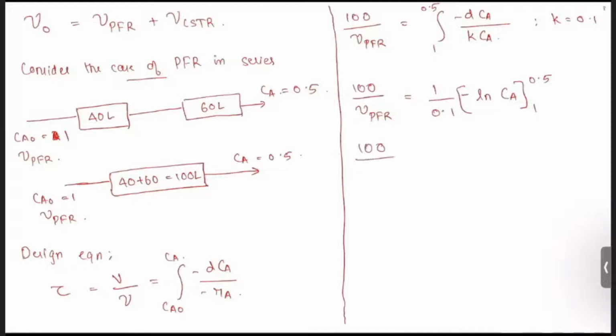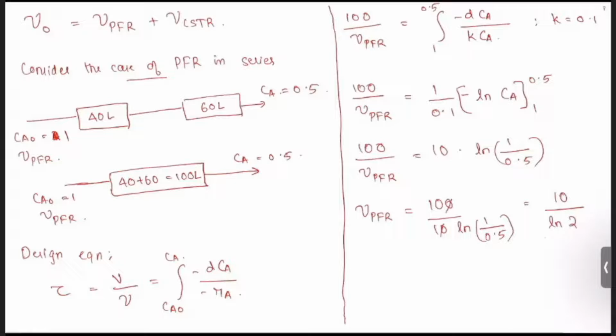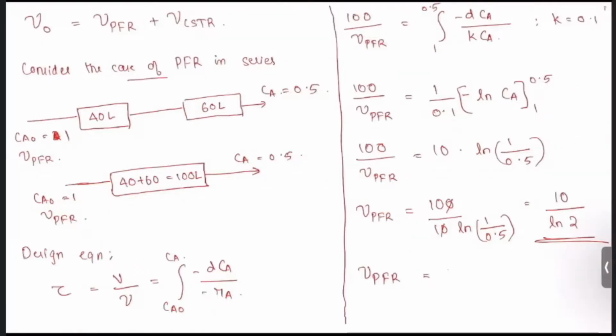So 100 by nu PFR will be 1 by 0.1, that is 10, into ln of 1 by 0.5. So nu PFR will be 100 by 10 into ln of 1 by 0.5. If we cancel the 10 and 100, it is 10 by ln 2. Doing the mathematical operation, we get nu PFR as 14.43 liter per minute.